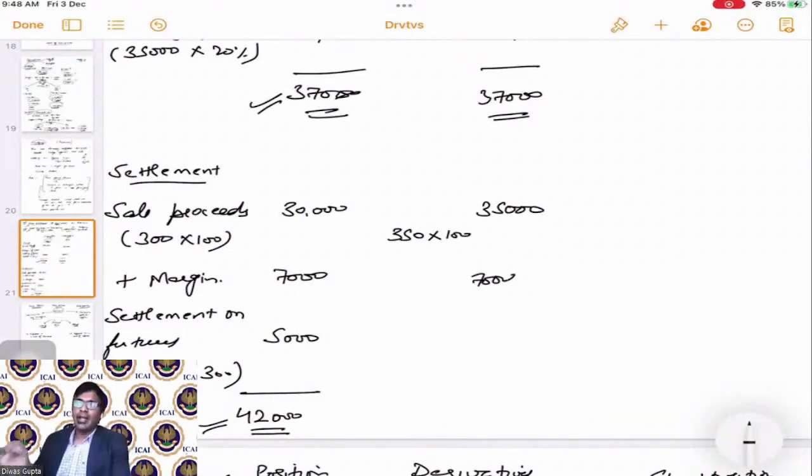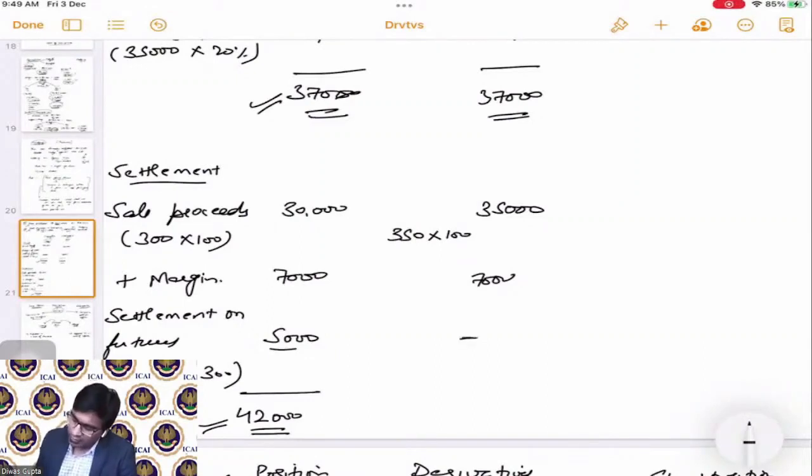So Harshad, just to correct this understanding, and students, all of you please listen very carefully. The settlement is actually adjusted from the margin only or added to the margin only. We will cover the initial margin and mark to market margin later. So 7,000 he will get for the margin, but on settlement, does he have to pay something?